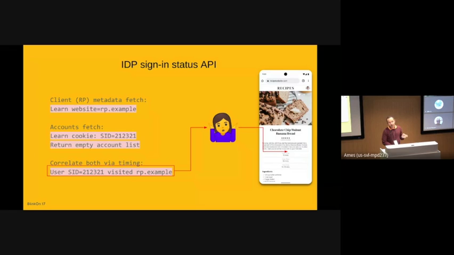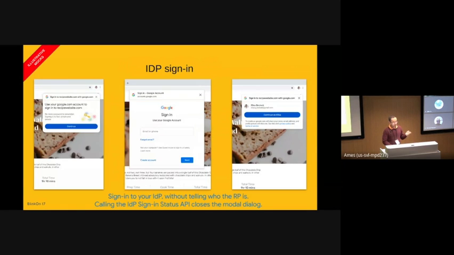If it is the case that the IDP said the user is logged in, but then when we tried to fetch the accounts, there were actually no accounts. So in that case, we can show a dialogue to allow the IDP sign-in from the user, right? Because we know for a fact that the user is actually not logged into the IDP.